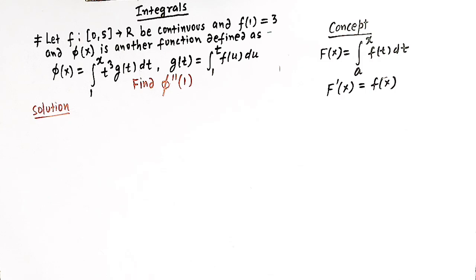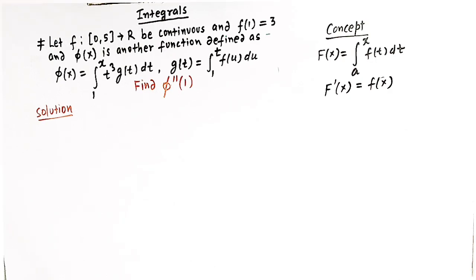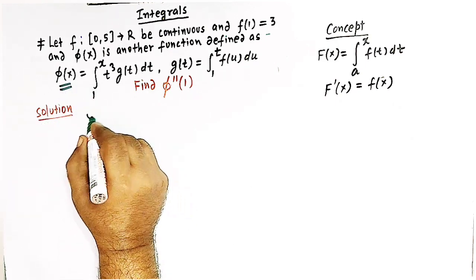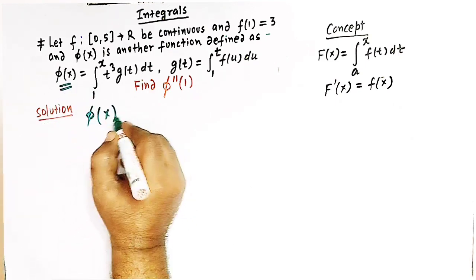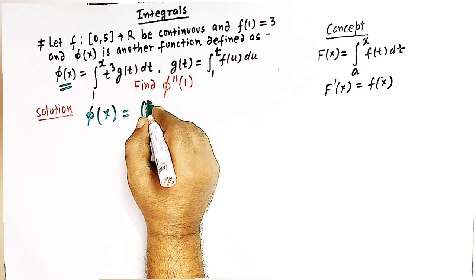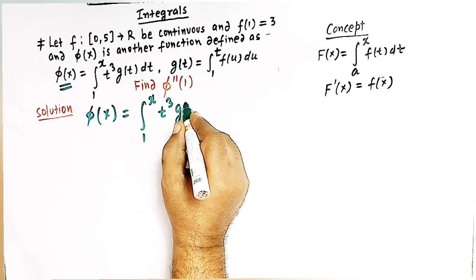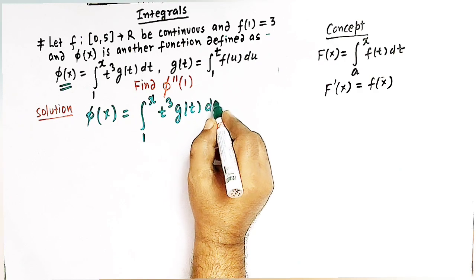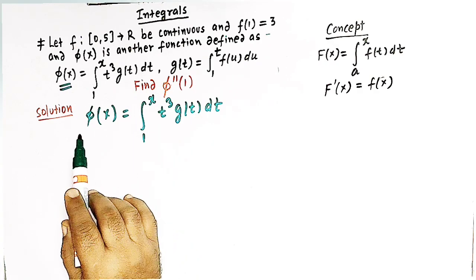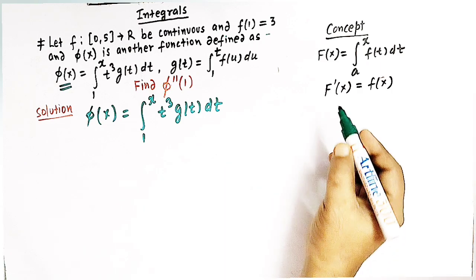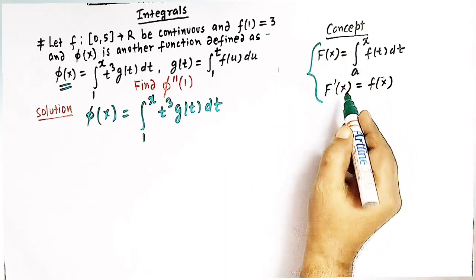So here we are going to utilize this concept, and moreover here we can also use the concept of derivative. So now let us start with this function phi of x. We are given phi of x is equal to integral 1 to x, and here we have t cube g of t dt, right? So let us differentiate both sides with respect to x using this concept.